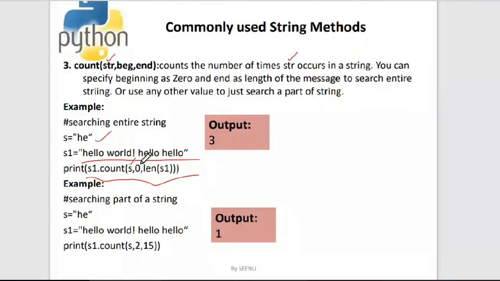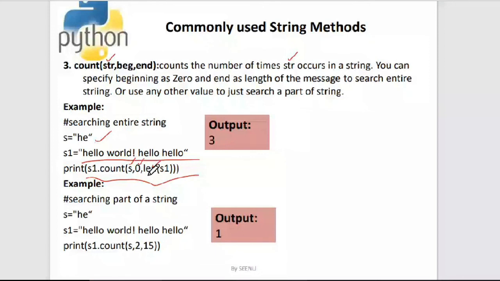From where I want to search? I want to search from the first character, and I want to search till the last character. How am I giving the last character? I can give the last character as the index number, or in case the string is very long, how can you count all the characters? There is a len function. This is also another commonly used string method.